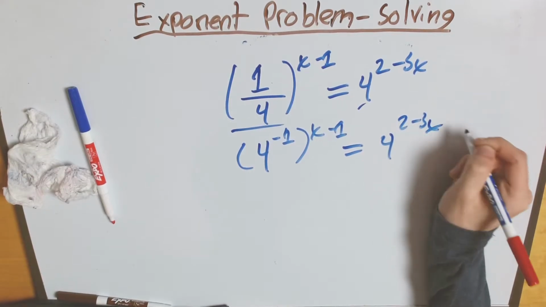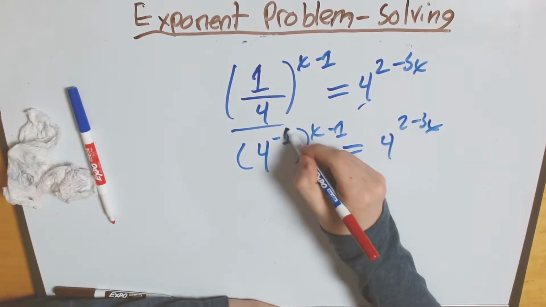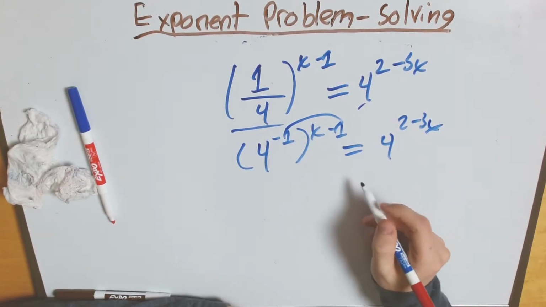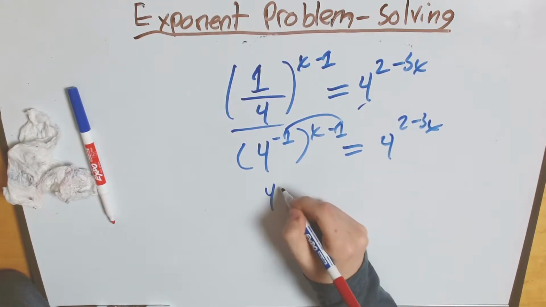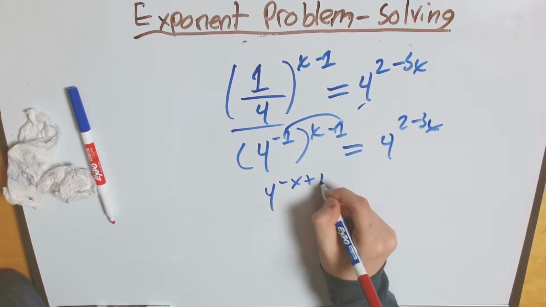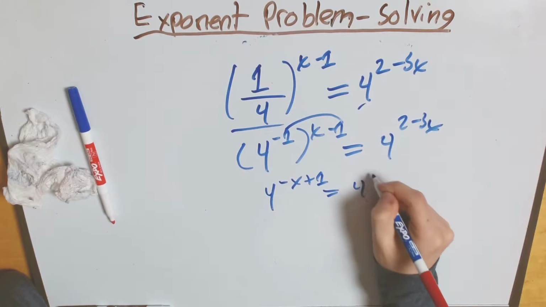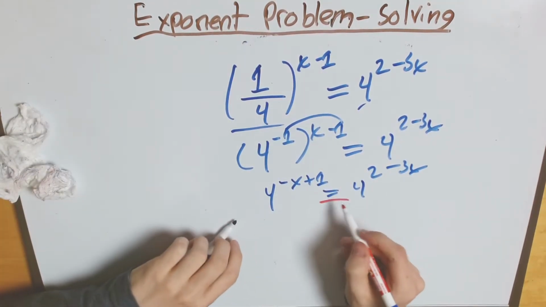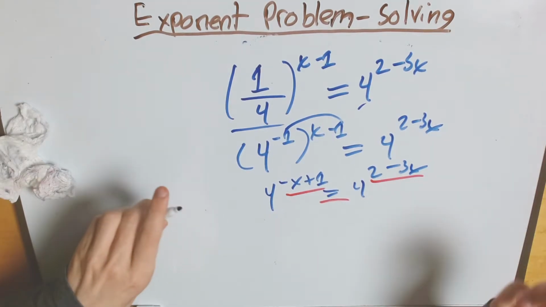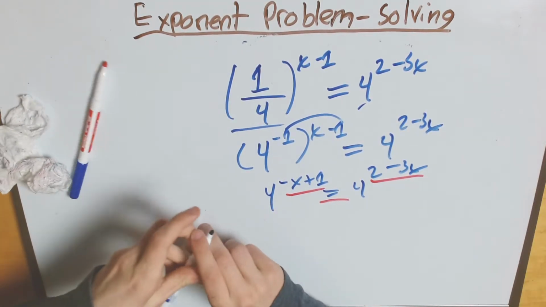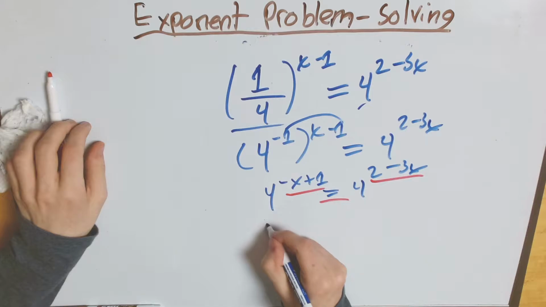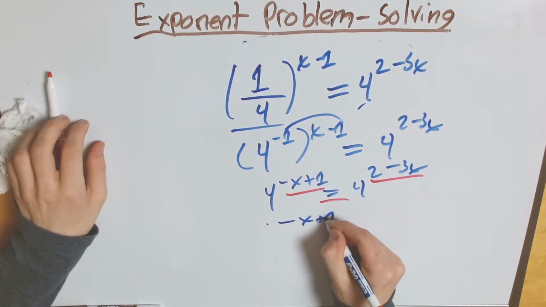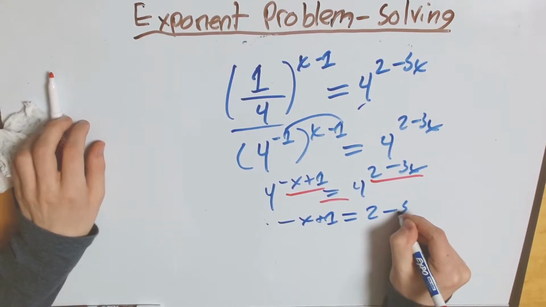minus 3x. Once again, I use my power rule to distribute that negative 1 out to x minus 1. So I have 4 to the negative x plus 1 equals 4 to the 2 minus 3x. Since these are equal, this has to equal this. I can set them equal to each other and solve. I have negative x plus 1 equals 2 minus 3x.